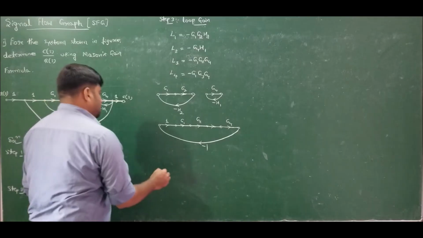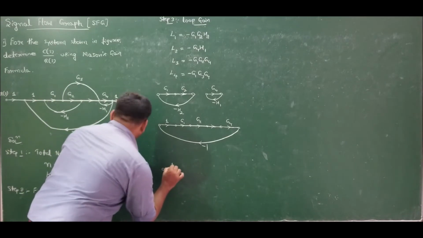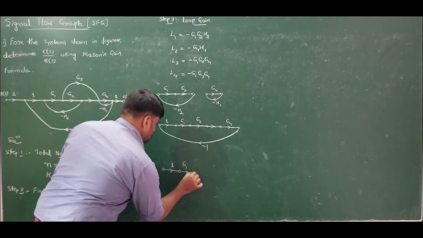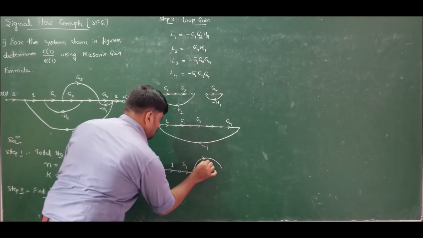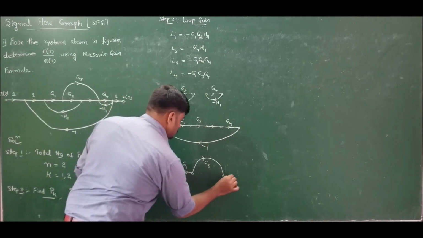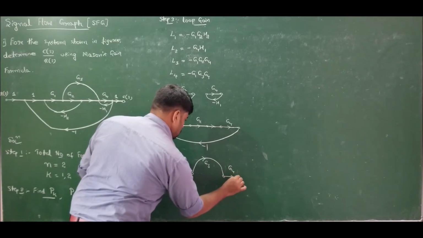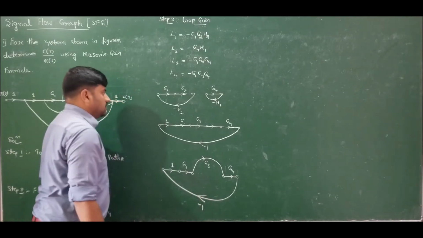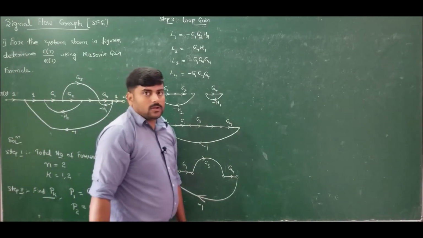And the last one is by using path 2, that is 1, G1, we are going like this, G3, G4, minus 1. So these are the 4 possible loops which I observed, and I noted down their loop gains.